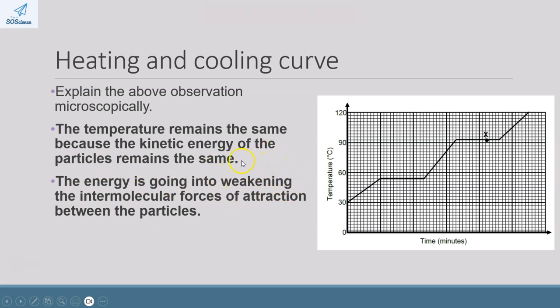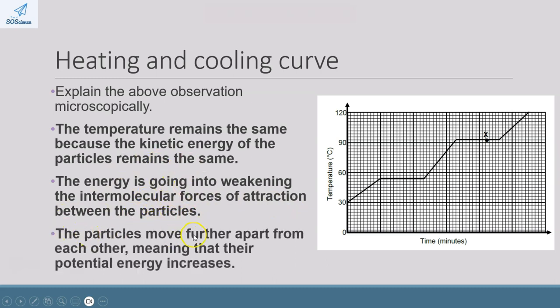This is the key word here, weakening the intermolecular forces of attraction. You have to say it in full, between the particles. There are no shortcuts here. And finally, we need to state that because the particles move further apart, their potential energy increases. So this kind of question would be out of 3 or 4 marks, and this is the model answer.